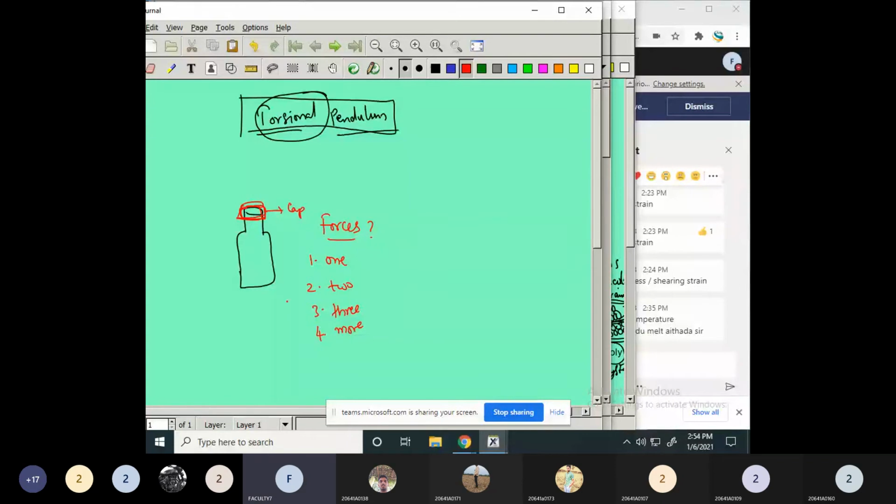The question is, this is a bottle with a cap on it. You need to remove the cap. How many forces are you going to apply? Is it a single force, or 2, 3 or more than that? Can you give the answer in the chat box? How many forces are required?